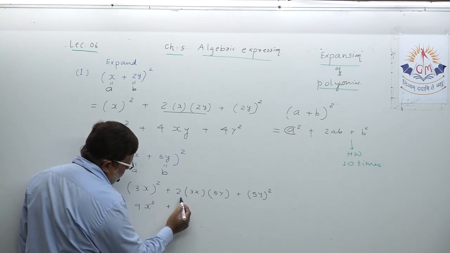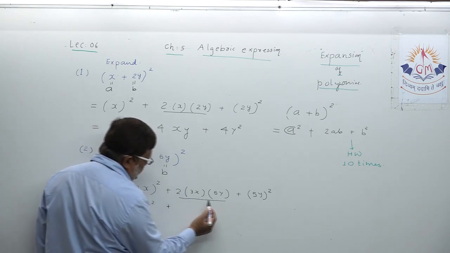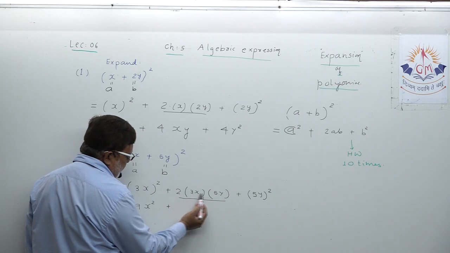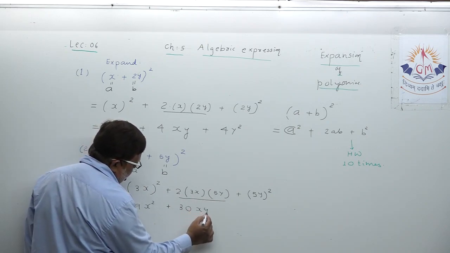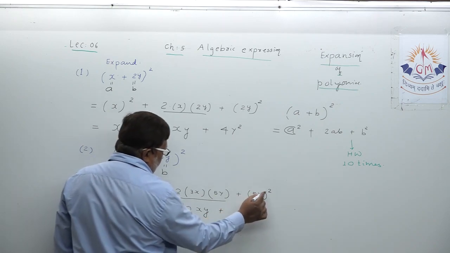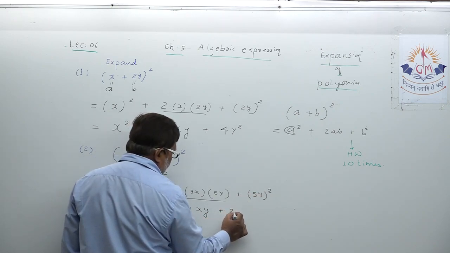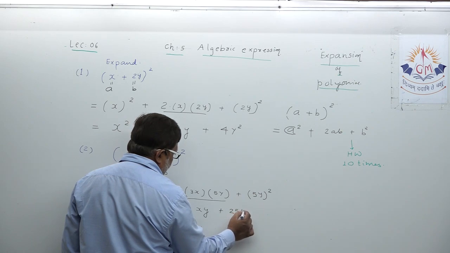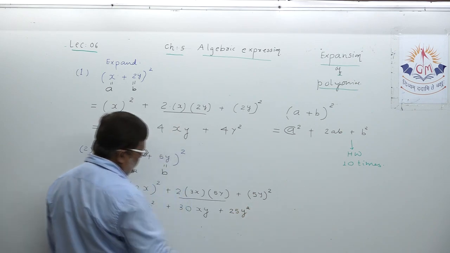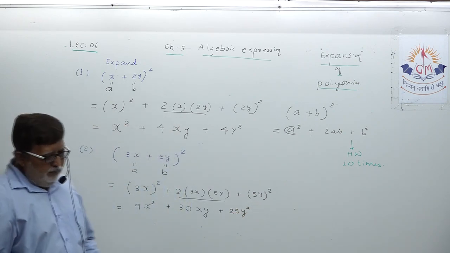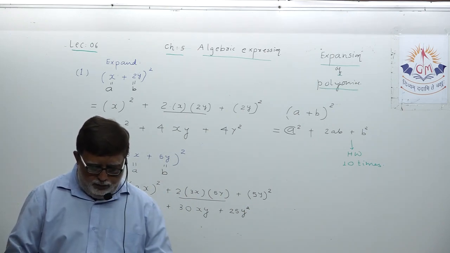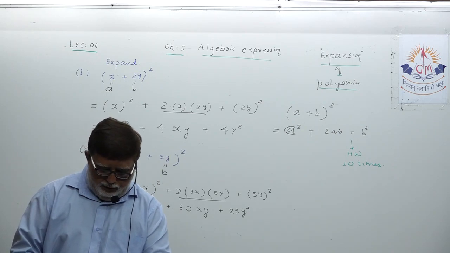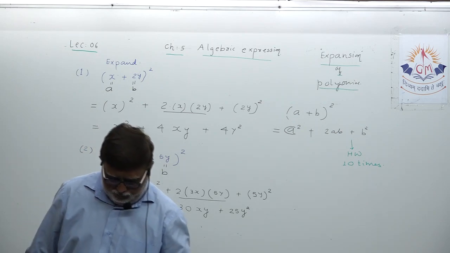Now you need to multiply all these three terms. 2 3s are 6, 5s are 30xy. 5y square, square of 5 is 25 and y square. Verify the example properly before we jump to another example, okay?